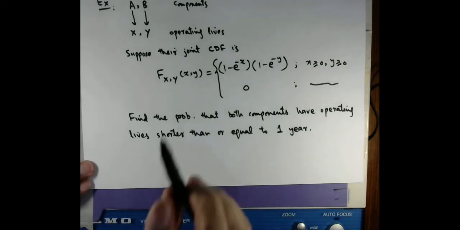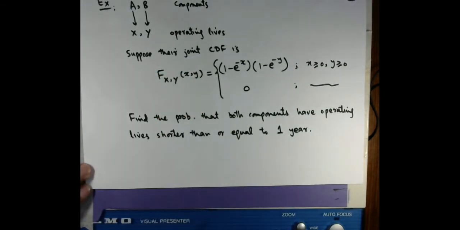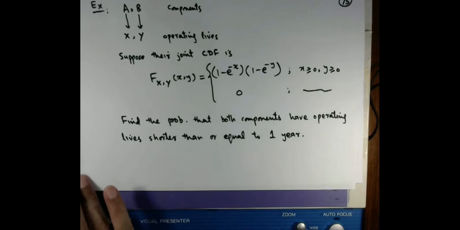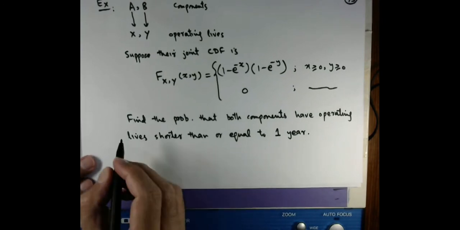Suppose these operating lives x and y are given in years. So we need to find, if this is the joint CDF, what is the probability that both components A and B have operating lives shorter than or equal to 1 year.